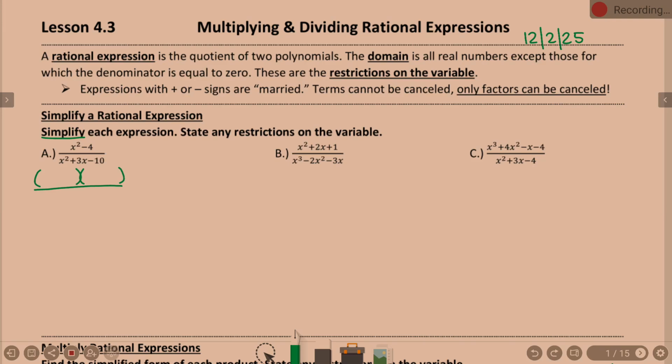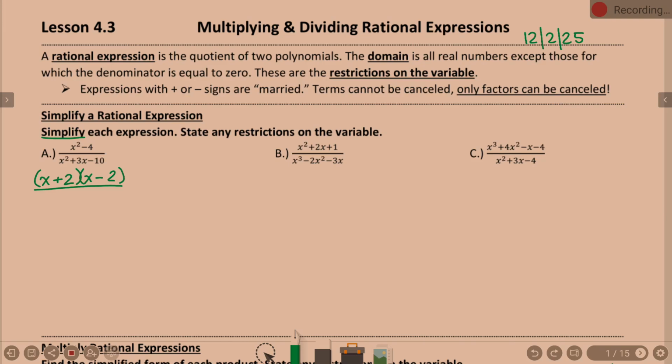What's x squared break into? x times x. What about 4? The square root of 4 is 2. So it's going to be 2 and 2, and to multiply to get minus 4, you're going to have a positive 2 and a minus 2. Difference of squares is one of those factoring pieces you have to remember.